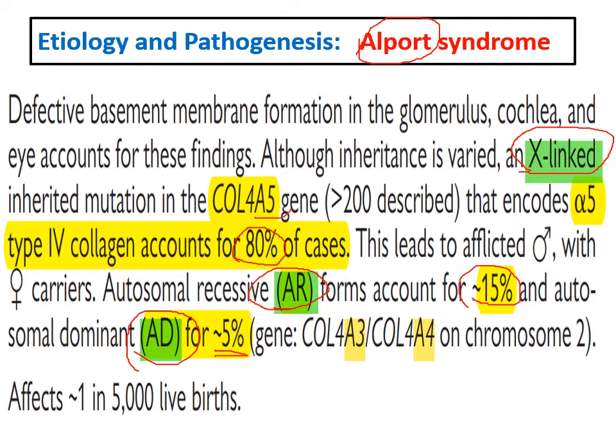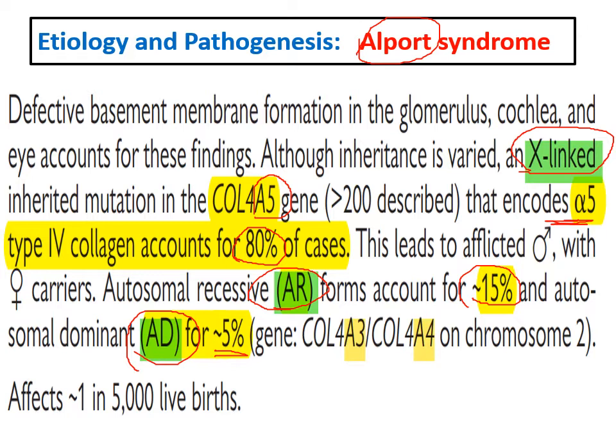In the X-linked form, which is the most common one, the abnormality is in the alpha 5 chain. In all three types, the abnormality is in type 4 collagen, but the difference is in which chain, as we said, from alpha 1 to alpha 6. The abnormality in X-linked disease is a mutation in the gene encoding the alpha 5 chain, so it's called COL4A5.